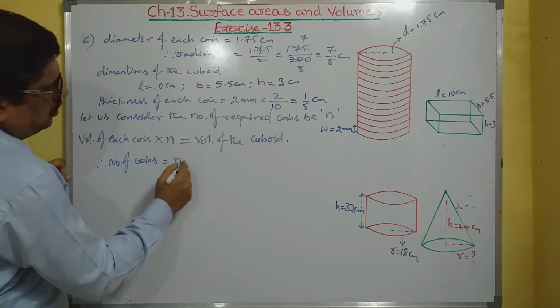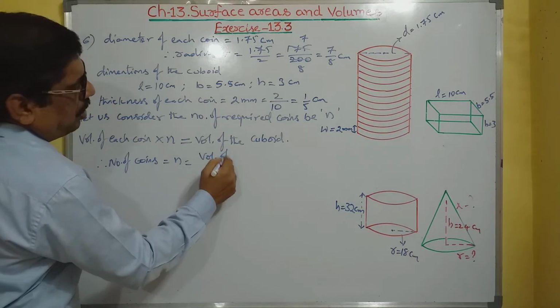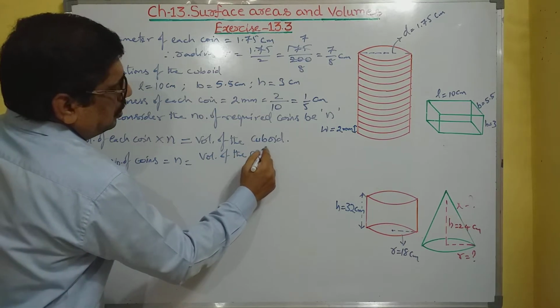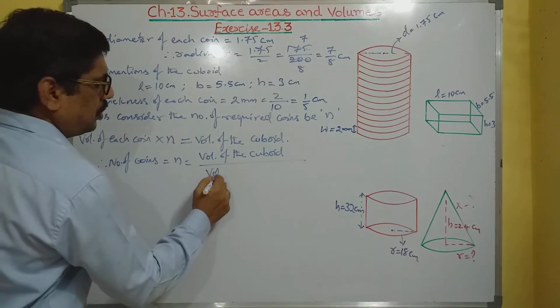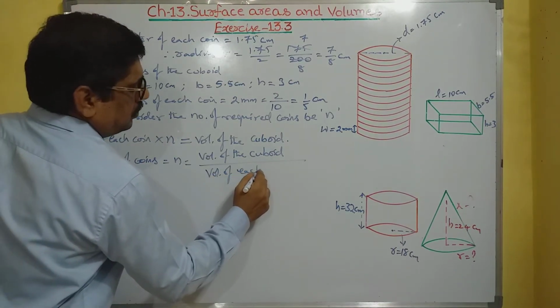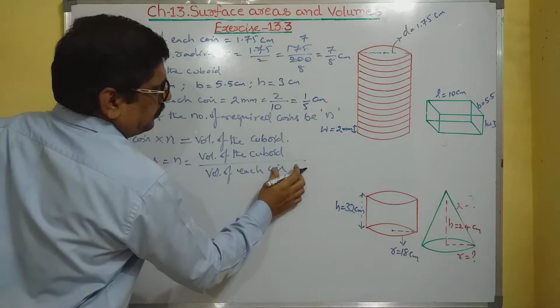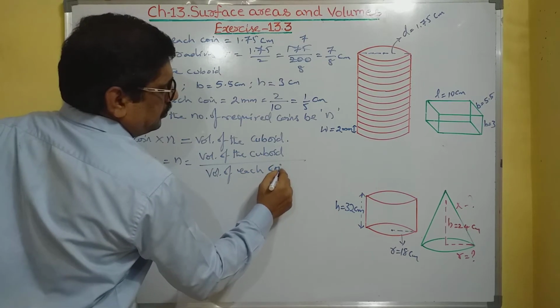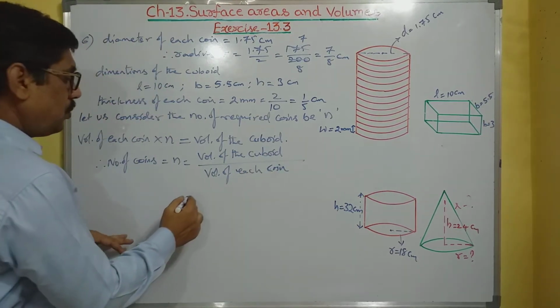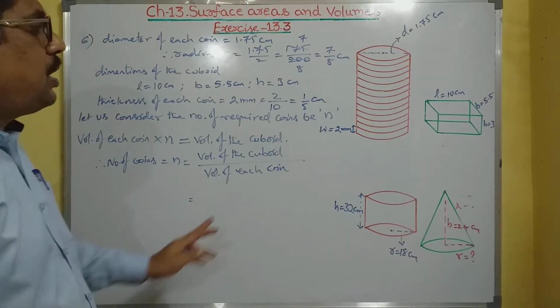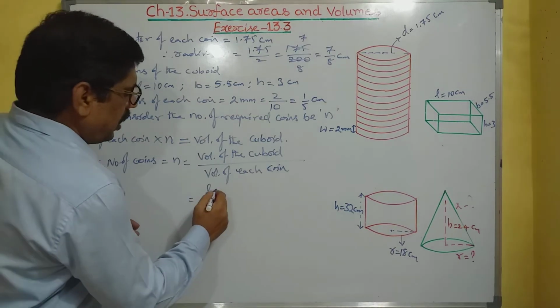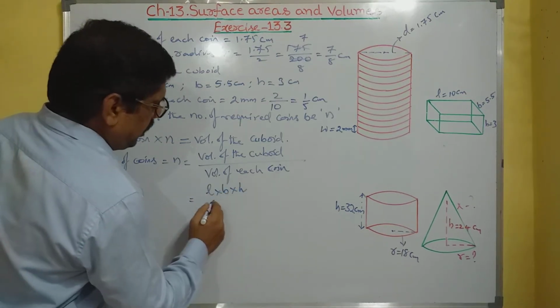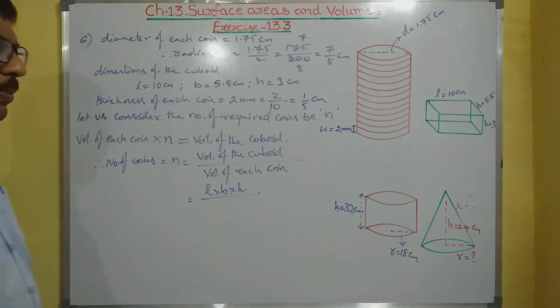Therefore, number of coins is equal to volume of the cuboid by volume of each coin. Now observe here, volume of the cuboid. What is the formula for the volume of a cuboid? L into B into H, divided by the volume of each coin.